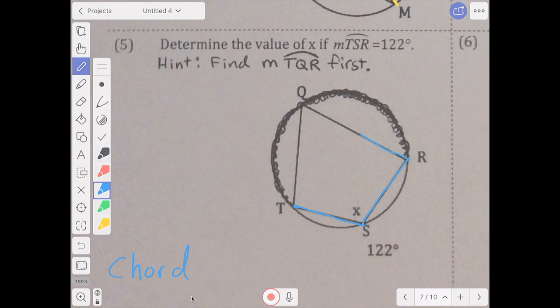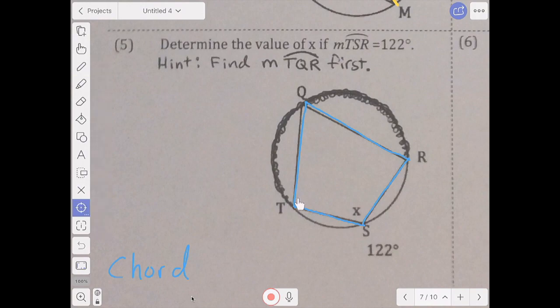So as we have here, we have a 4-sided shape, a quadrilateral formed by 4 chords. That forms something called a cyclic quadrilateral. And a cyclic quadrilateral has 4 inscribed angles.